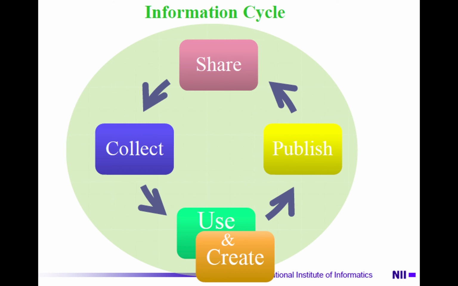Someone will use or create some kind of information, and they may decide to publish them, and those published or stored gets shared in the society, and someone who may be interested in solving a similar kind of problem will collect that information, use it, and may do some improvement on it, and may decide to publish and share, and thus the cycle of information growth, mushroom growth of information continues.